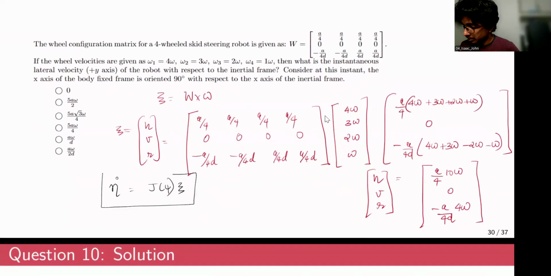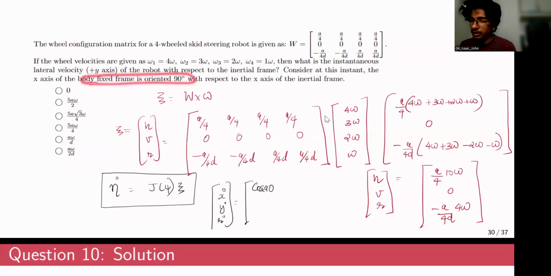Eta dot is a Jacobian matrix multiplied by the theta vector, where eta dot is x dot, y dot, r dot. And the Jacobian matrix can be computed by cos 90, because both of the frames, the body fixed frame and the inertial frame, are oriented 90 degrees with respect to each other.